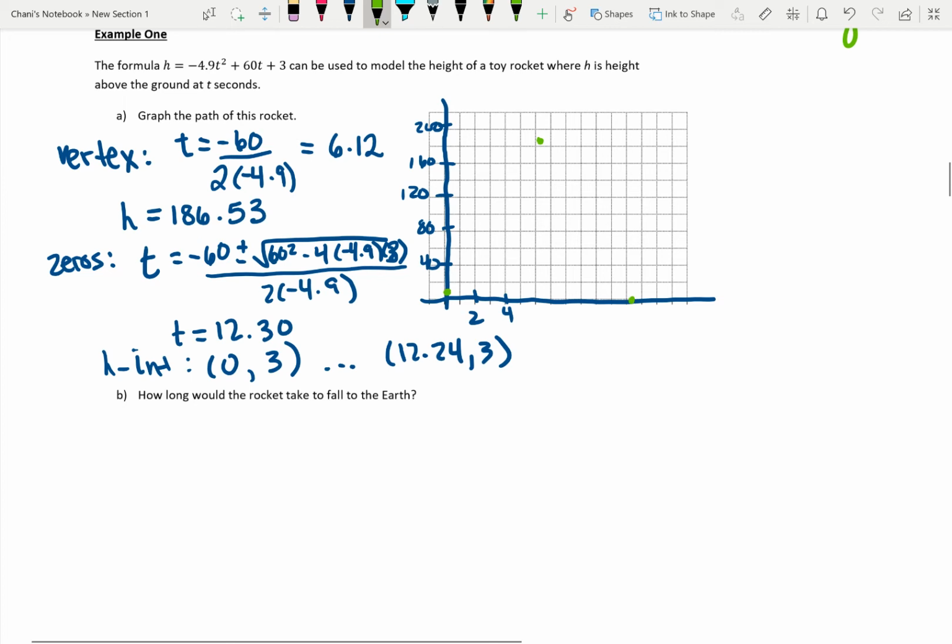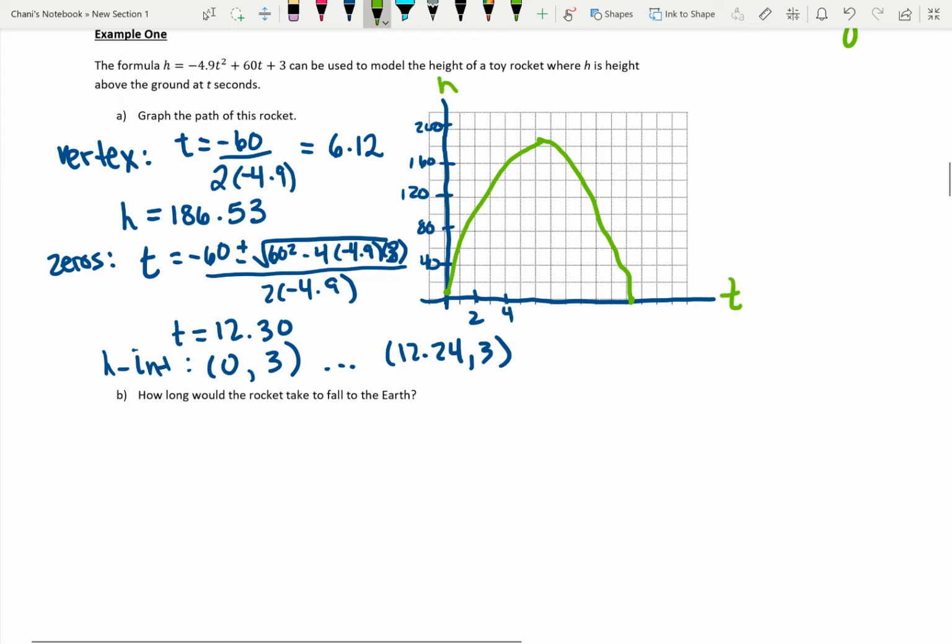It's hard to show exactly. If you want more of an idea of how this curve looks, you can just plug in other t values. If you want to have a more accurate representation, you could put in 4, you can put in 10. But that is the basic, where this is t and this is h.